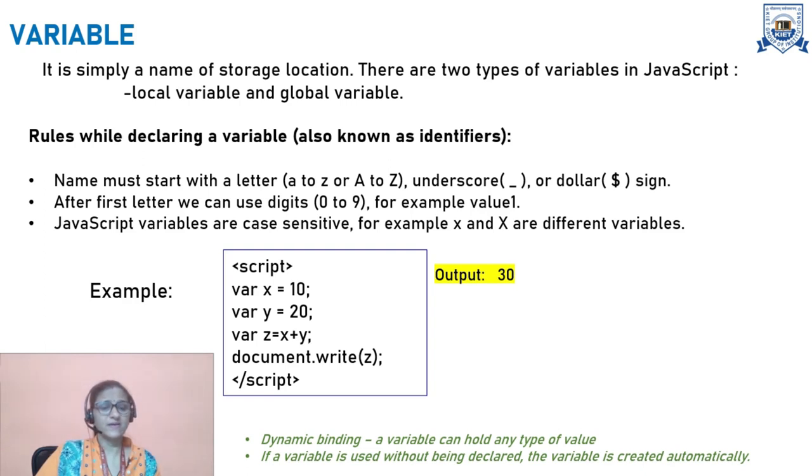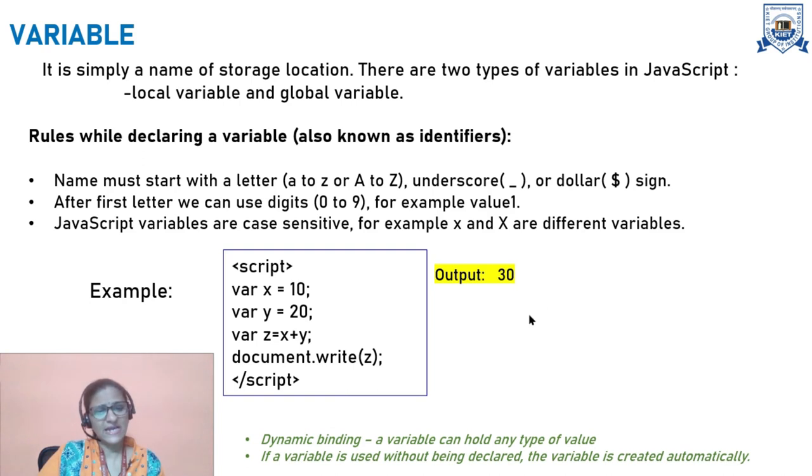Now one thing is there, that in case of JavaScript there is a dynamic binding with the variable. What is dynamic binding? It means a variable can hold any type of value. Here we haven't mentioned what type of value x is going to store. We haven't mentioned whether it will store a string or a float or an integer, nothing.